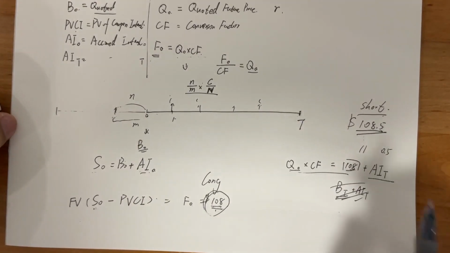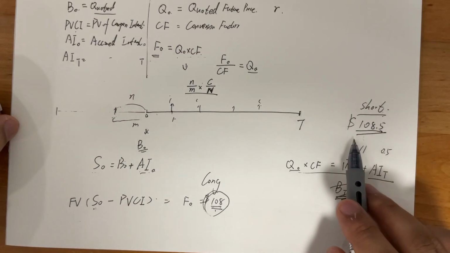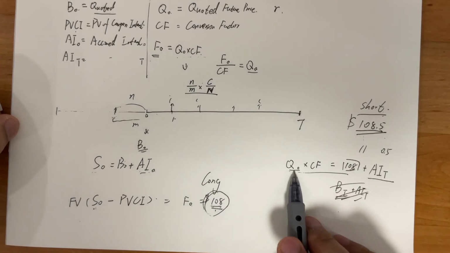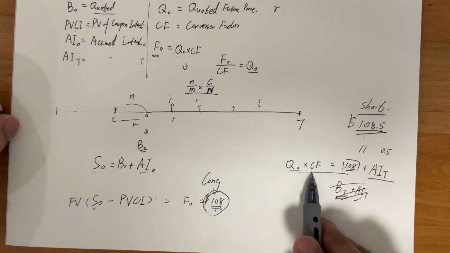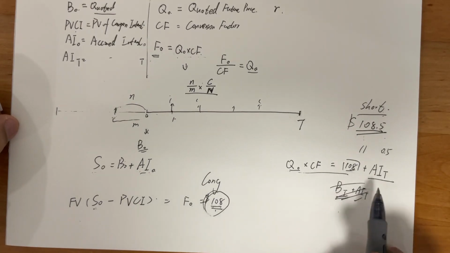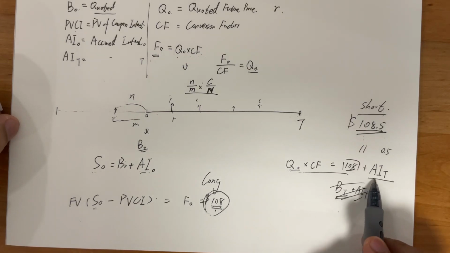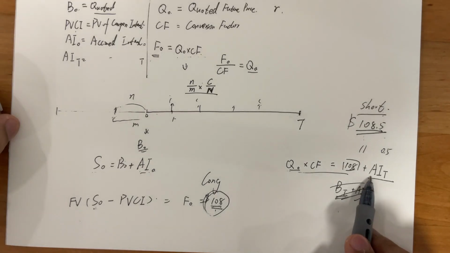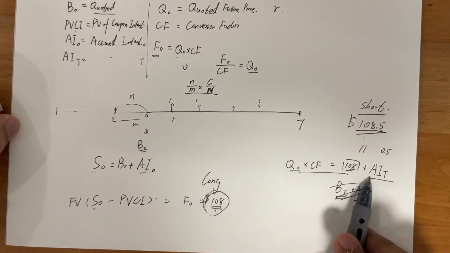So you're going to sell these overpriced future contracts. You use the quoted price, right? You use the conversion factor. You use the accrued interest, which is the thing that you have to pay if you buy it. You have to get that if you sell it.